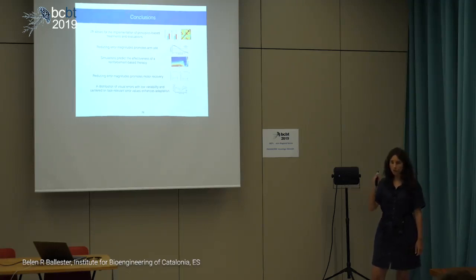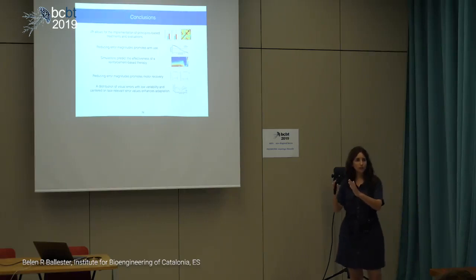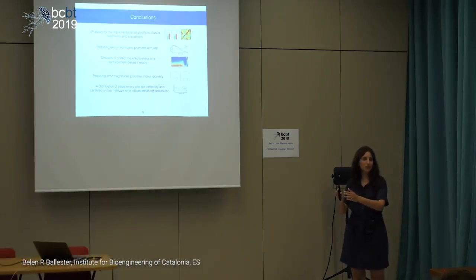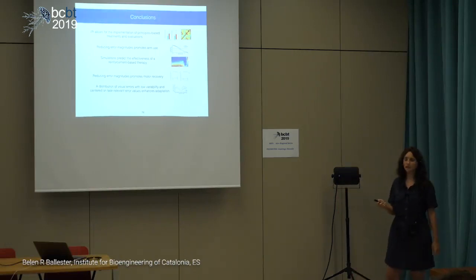Actually, the most effective way to go for learning would be to provide highly frequent sensory errors centered at those errors that we repeat more often, right? So at those errors that we want to correct rapidly. So we can use this principle to speed up adaptation.